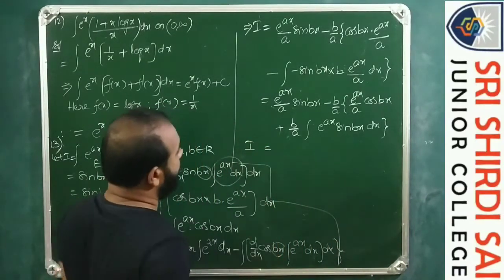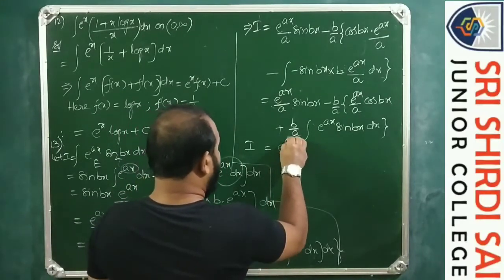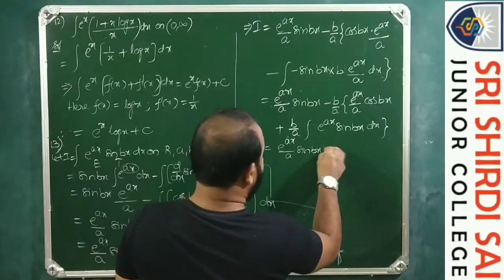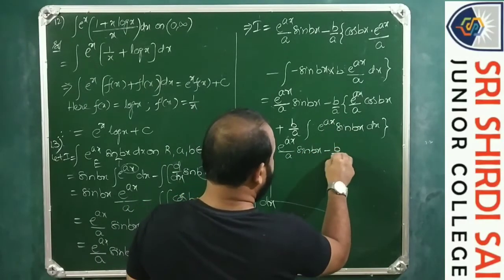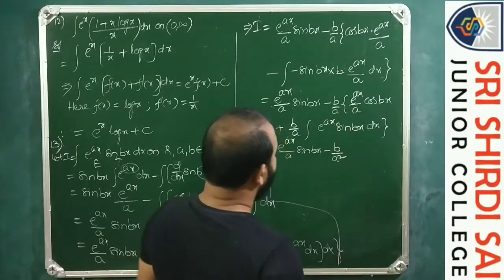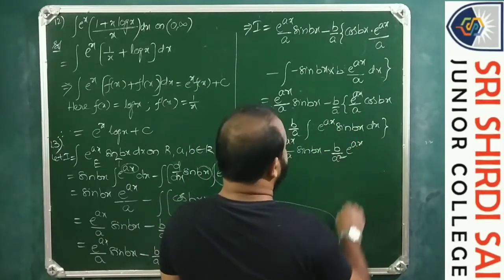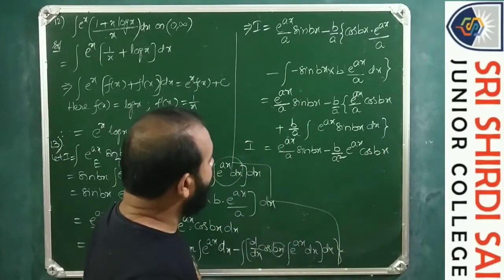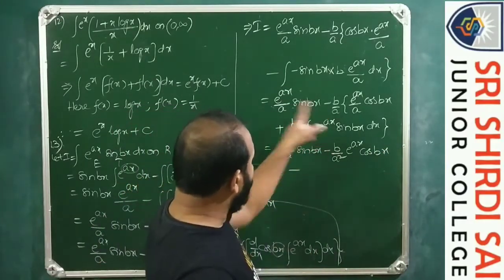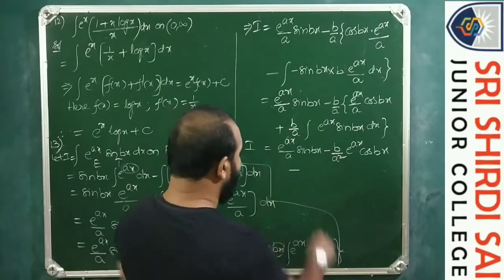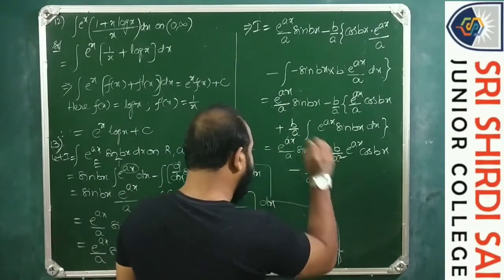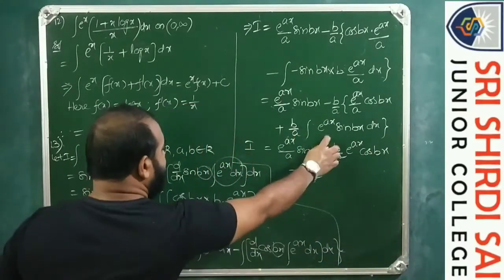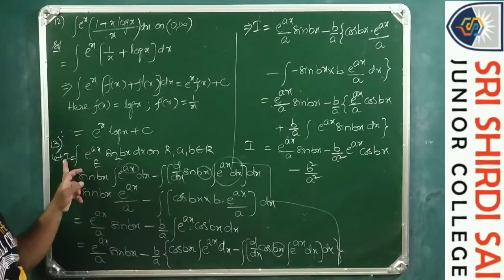So I is equals to e power ax by a sin bx, minus b by a square into e power ax into cos bx, minus into plus, minus b by a into b by a, b square by a square, into integral e power ax into sin bx dx. This we had taken to be I earlier.